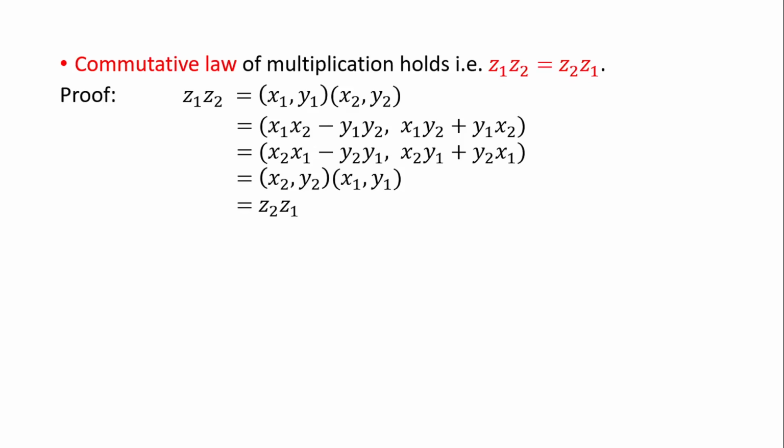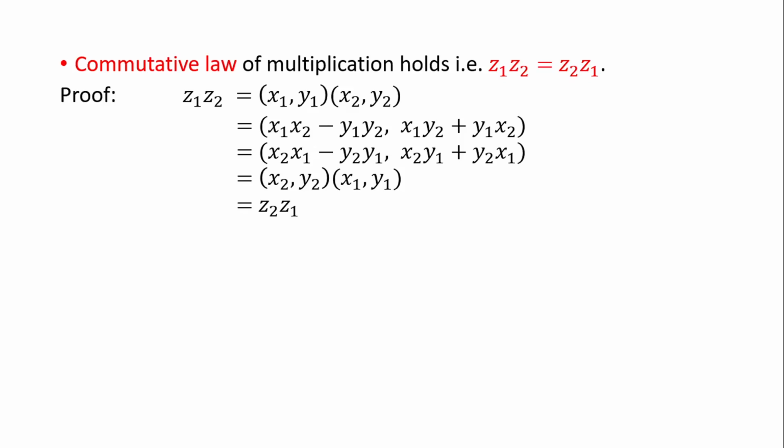And as we have studied the product, it is equal to X1 X2 minus Y1 Y2, the real part, comma X1 Y2 plus Y1 X2, the imaginary part. As we know that X1, X2, Y1 and Y2, all these are real numbers, they obey the commutative law.